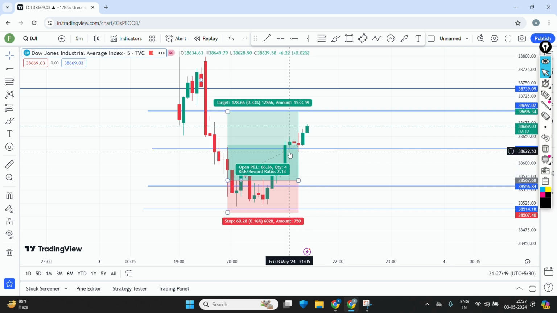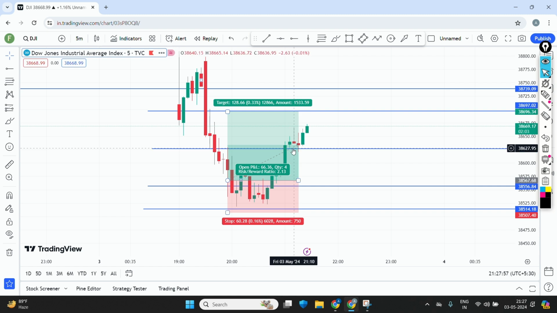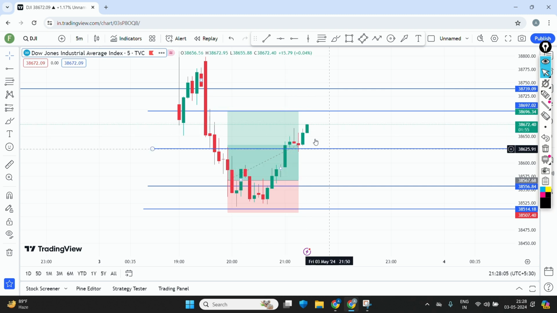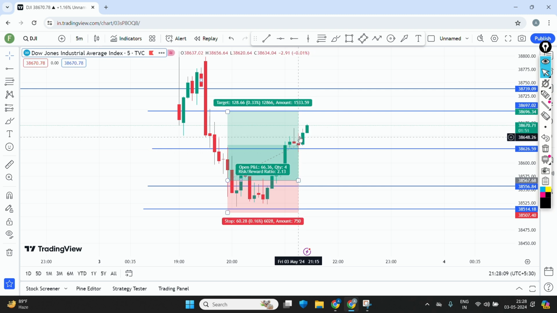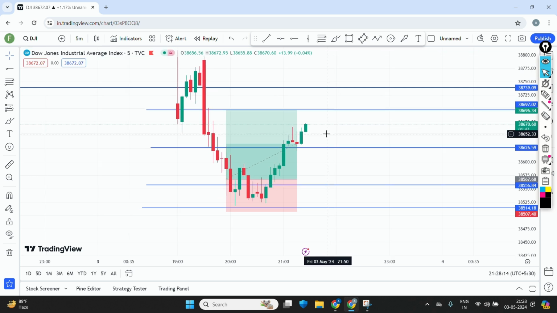Below resistance, if these two candles were created, I would take a decision to exit from the market, but it made up above this level. So it had already broken, and then made this candlestick. This was a positive sign, not negative. Let's see, 10-20 more points are pending, so let's wait for that.